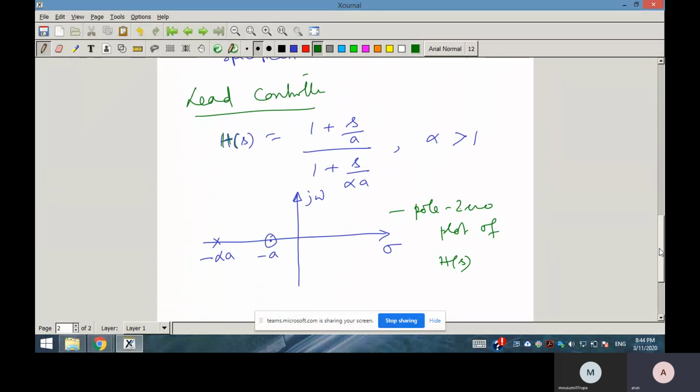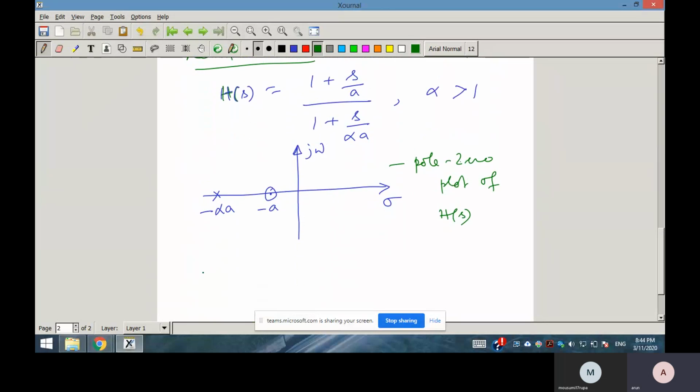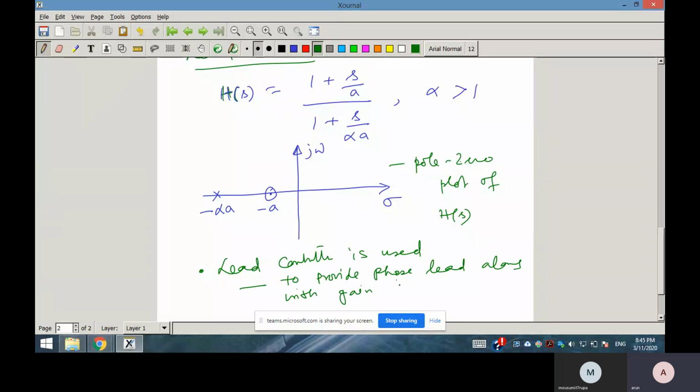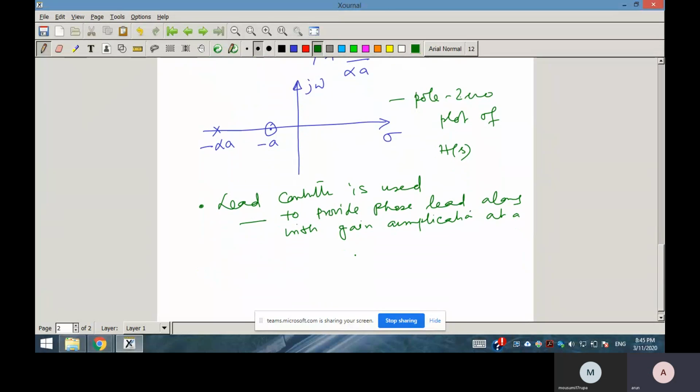So the lead controller is used, one, to provide phase lead along with gain amplification at a desired frequency.